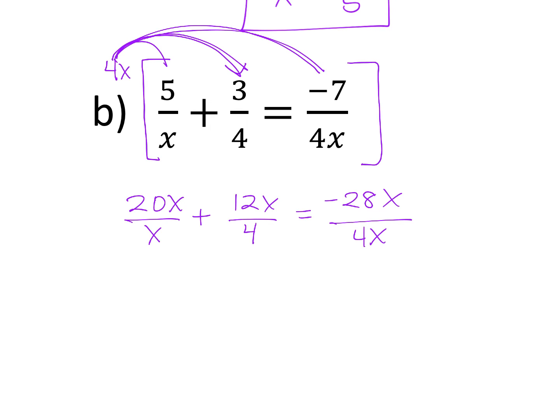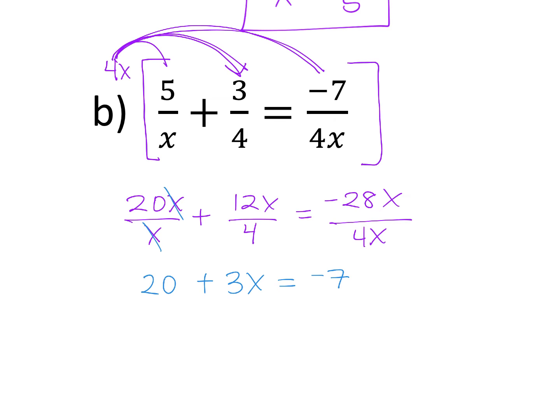Now what? Simplify. 20x over x is? X divided by x is 1, right? So you just have 20 there. What's 12x divided by 4? 3x, right? And then negative 28x over 4x is?